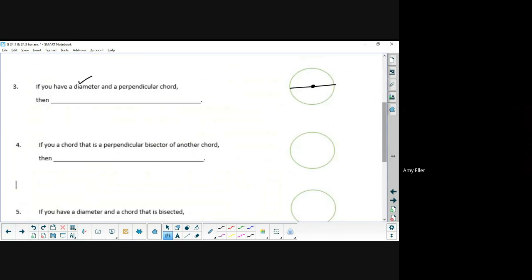If you have a diameter and a perpendicular chord, let me show you some options. Here's a chord that's perpendicular. Here's a chord that's perpendicular. Draw any chord you want that is perpendicular to the chord you already have.